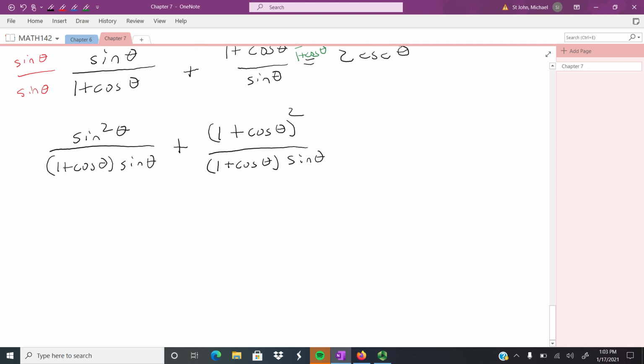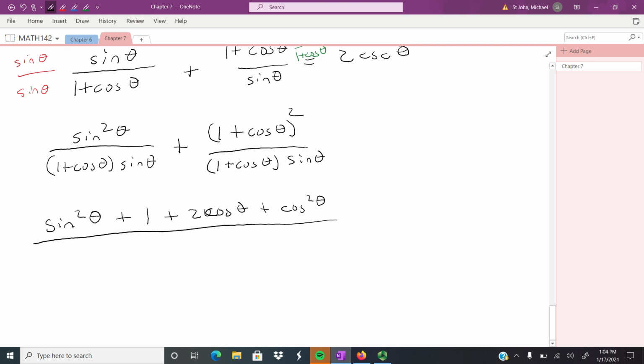Okay. All right. And so now what do we have? So we look at this and we say, okay, well, this is going to be a sine squared theta. And if I look at 1 plus cosine theta squared, well, this is going to give me 1 plus 2 cosine theta plus a cosine squared theta over 1 plus cosine theta sine theta.